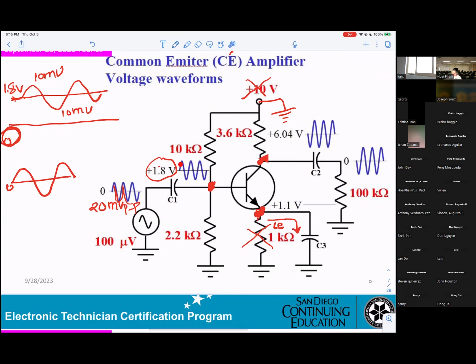You will get the sine wave at this point, but not at the meter.